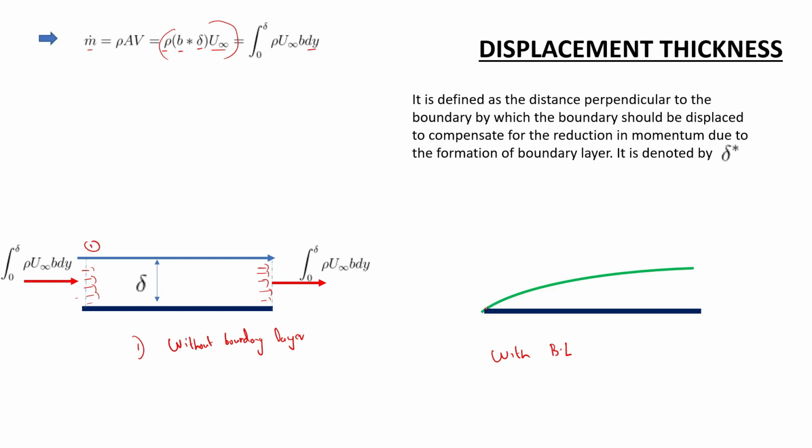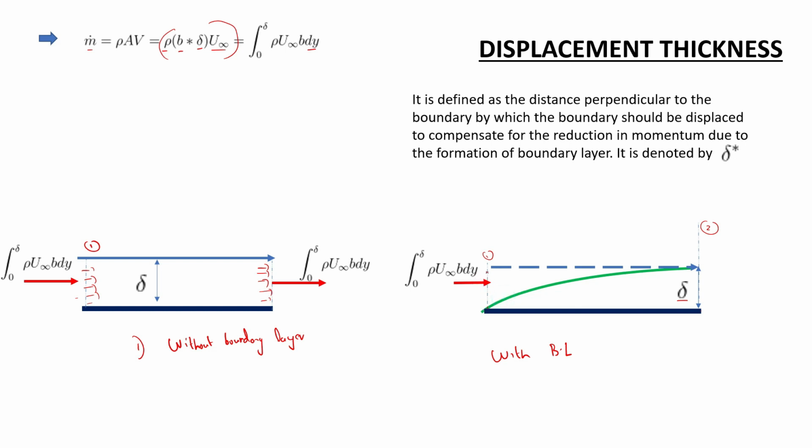First here the boundary layer thickness is 0, and it keeps on increasing, and the boundary layer thickness at the end of the plate is delta. We are taking two sections here, 1 and 2, and on the top of it there is a streamline. Between this streamline and boundary there is a fluid flow like this.